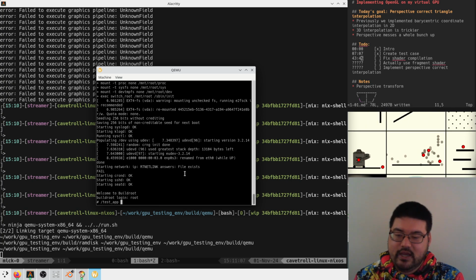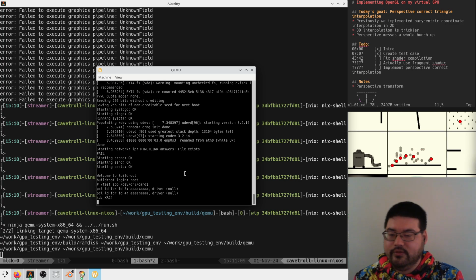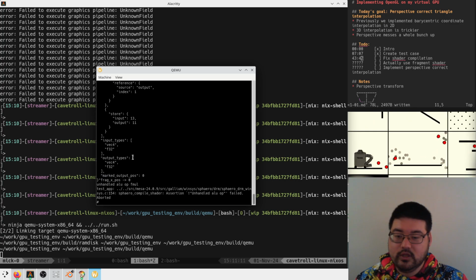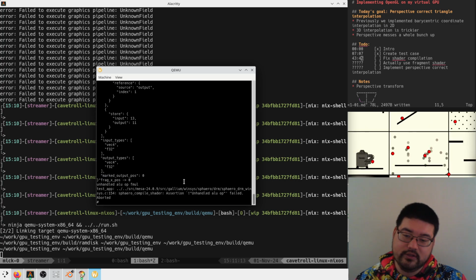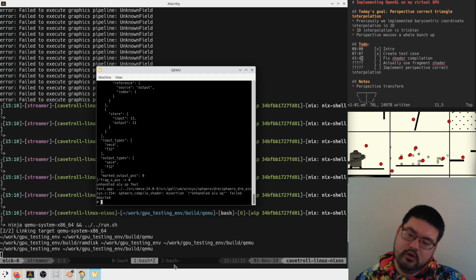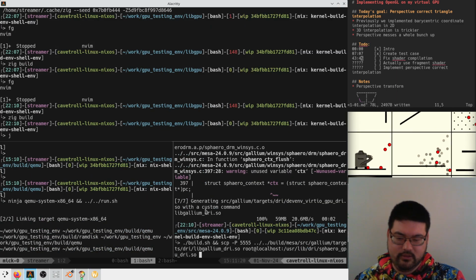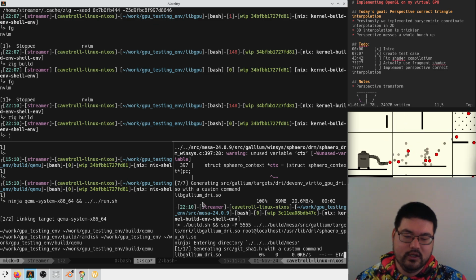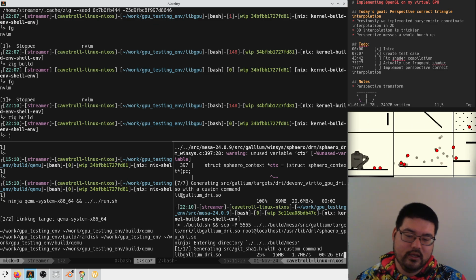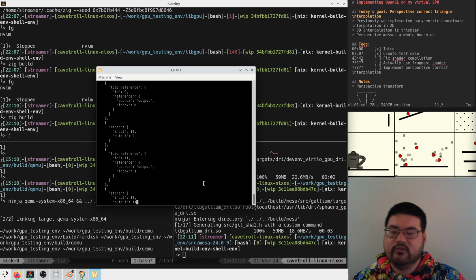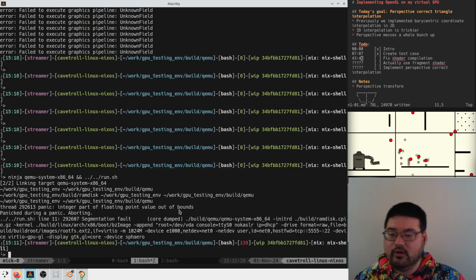Root, test, app, dev, TRI, card 1. Let's see it. He aborted because there's an unhandled ALU op. Maybe we didn't copy. Maybe the virtual machine did not correctly flush its disk. Okay, there we go. That's better.